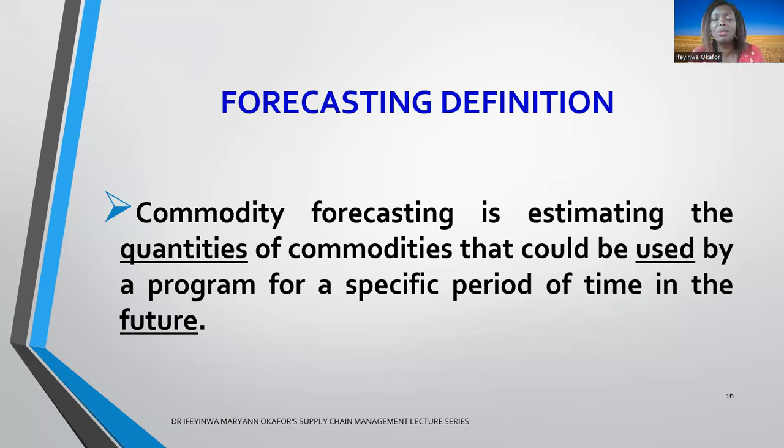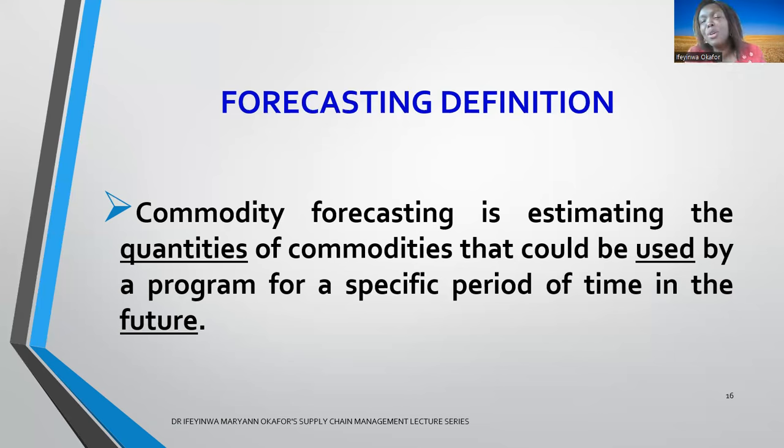I want you to note the keywords in this definition. Estimating the quantities. The first keyword to note is the quantities of the commodity that could be used. The second keyword there is it must be consumed. The commodity must be consumed by a program over a specific period of time in the future.